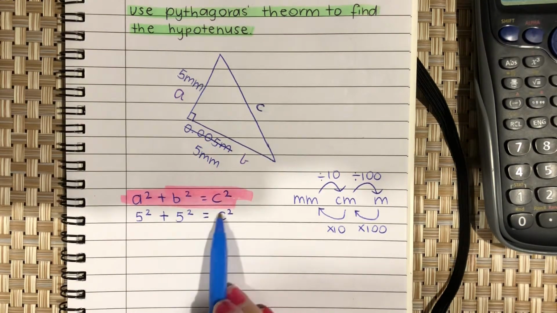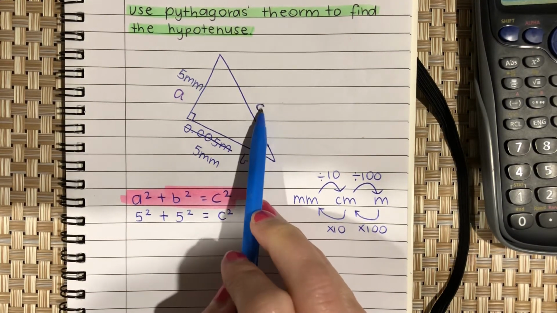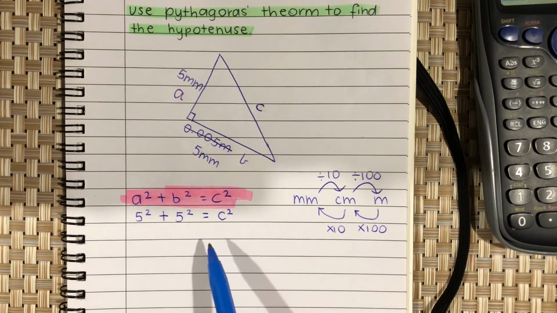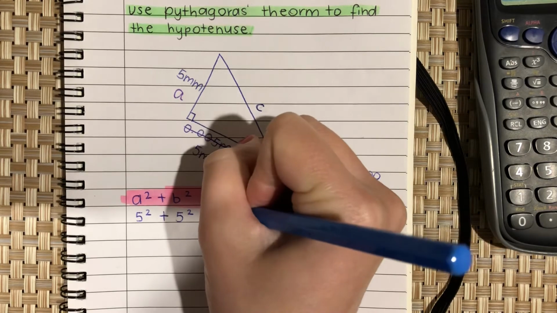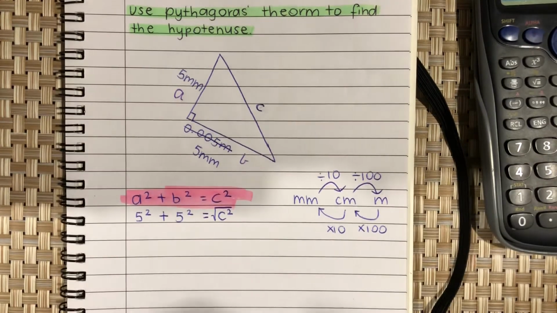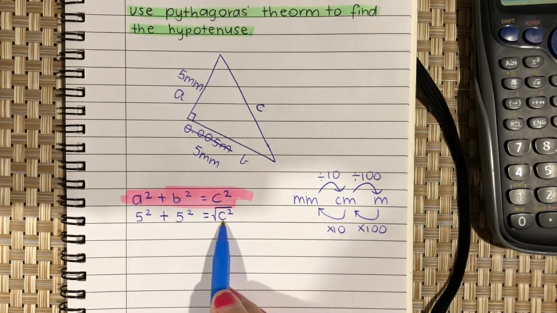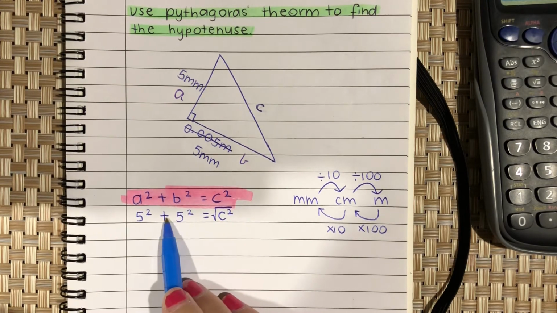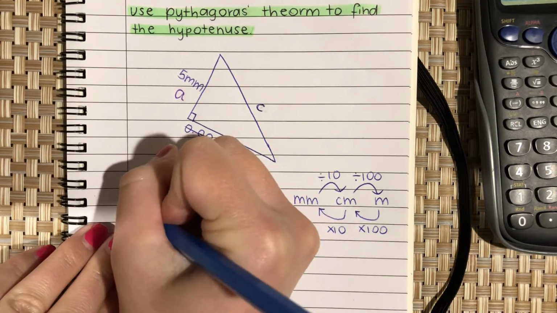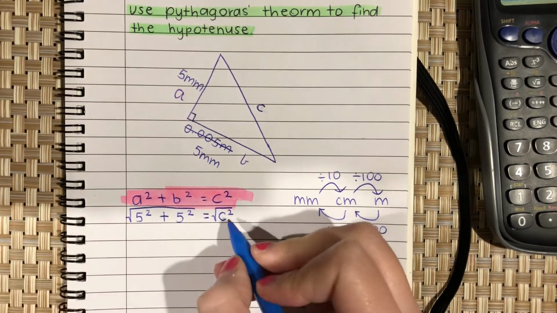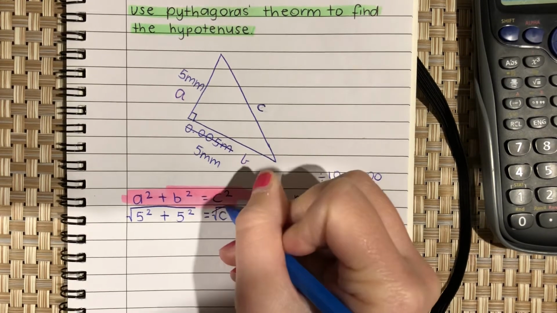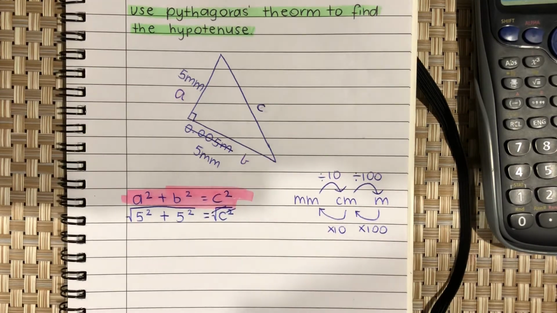Now, we want to get C by itself because we want to know what C equals, not C squared. What's the opposite of squaring? A square root. So we'll square root that. If I'm doing it to one side of the equal sign, I must do it to the other. So we'll square root the other side too. Squared and square root cancel each other out.